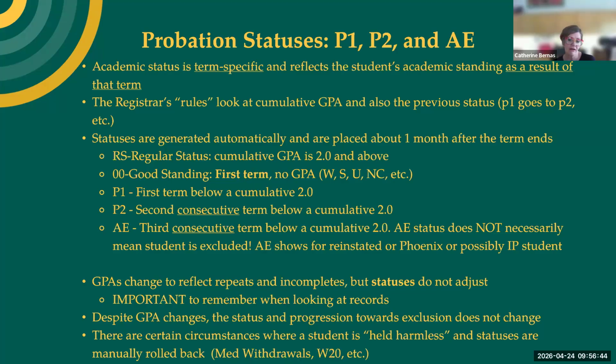Things like med withdrawals, or back during COVID, we did not advance probation for a couple terms. So those are just a couple examples of where we might not progress probation or roll it back. But generally speaking, the statuses P1, P2 are what we look at to see where the student is in relation to being excluded from the university.